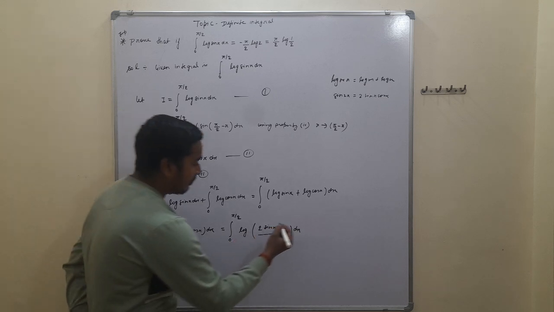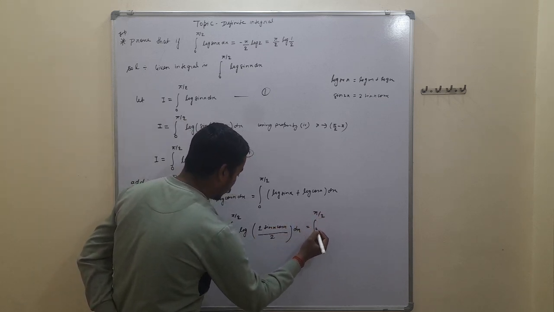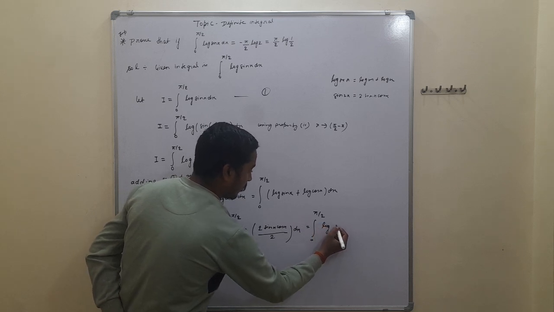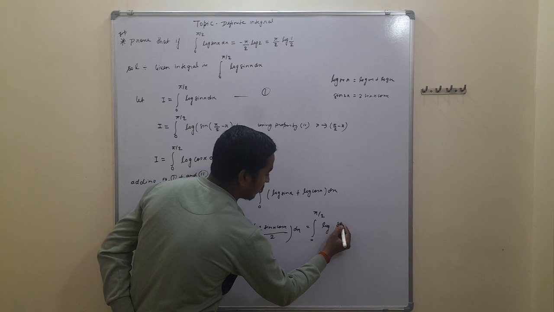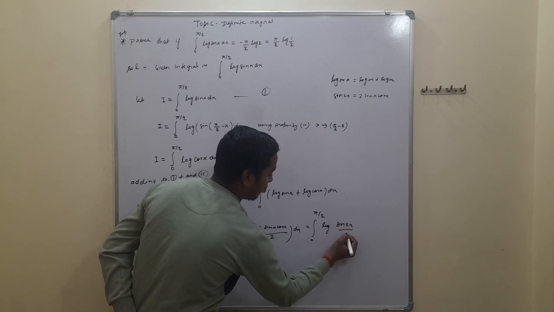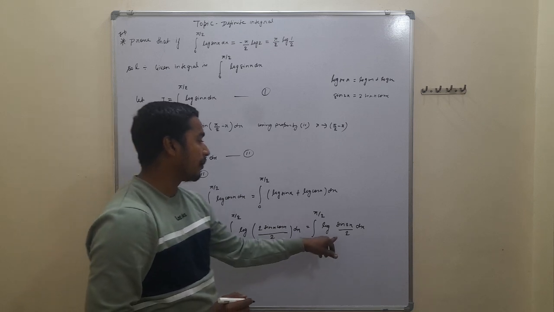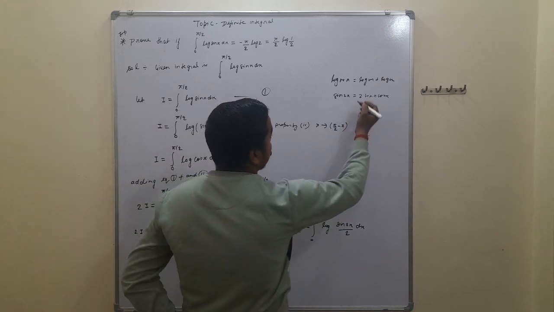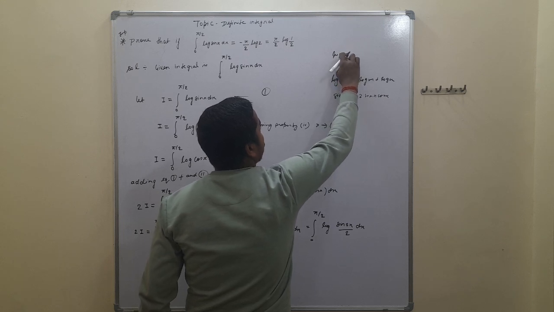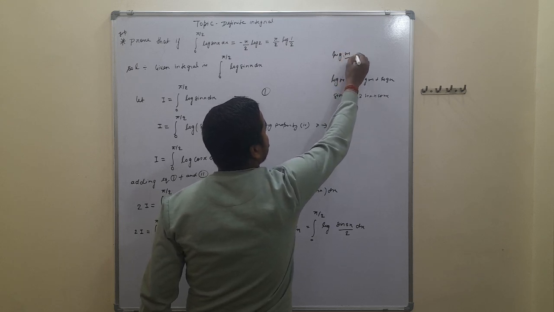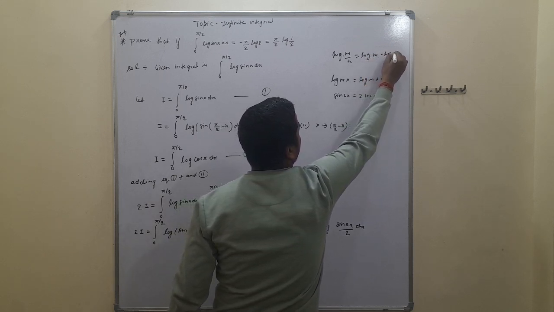so in place of 2 sin x cos x we write the integral with limits 0 to pi by 2 of log of sin 2x upon 2 into dx. We use the property again: log m upon n is written as log m minus log n.